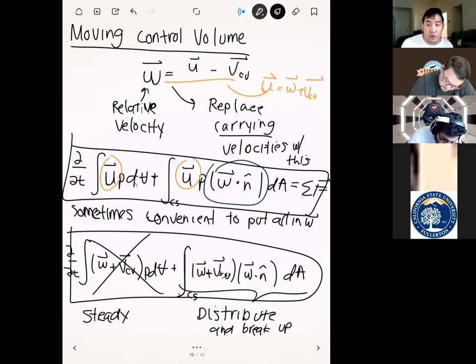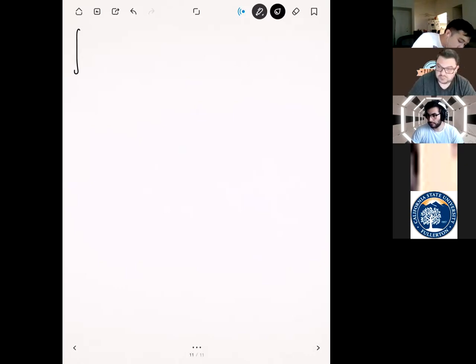Before I do that, are there any questions on this page? Okay, so if we distribute that and break it up into two terms, we'll have one term which just has the relative velocities, and we'll have another term which has the VCV. Remember, we've already canceled out the unsteady term.